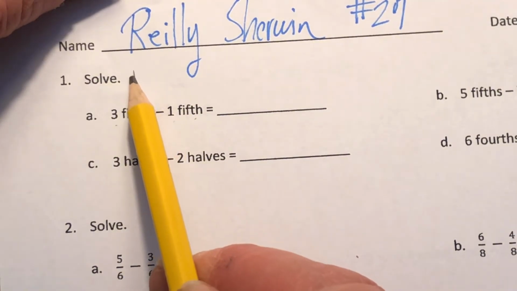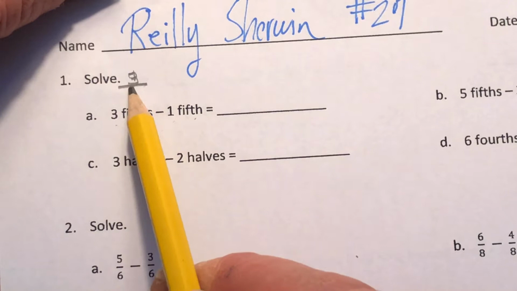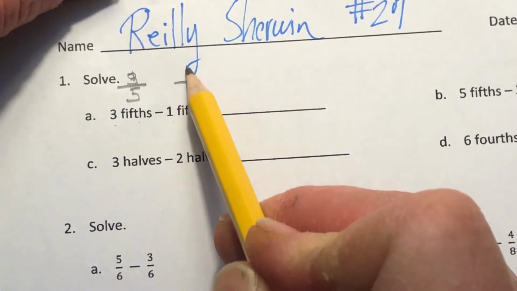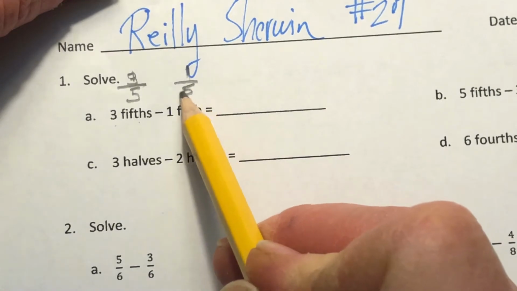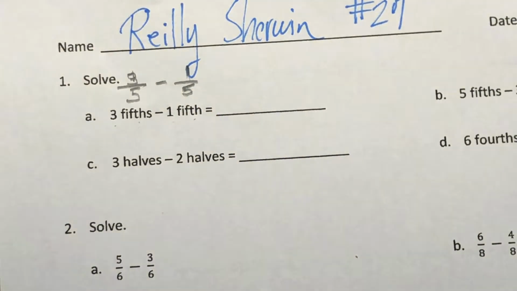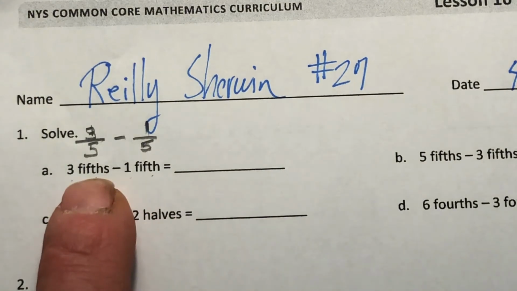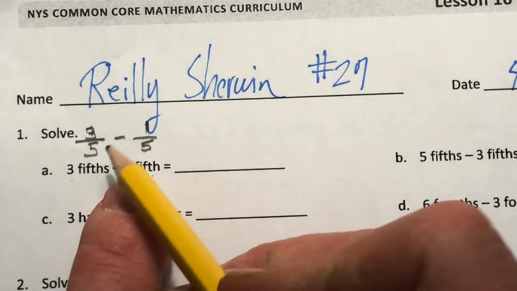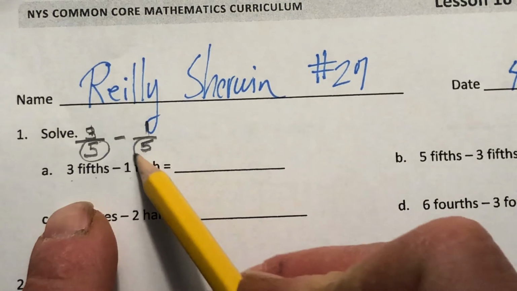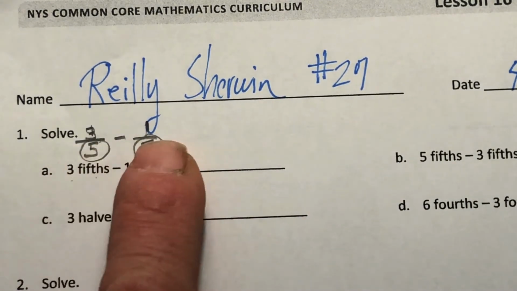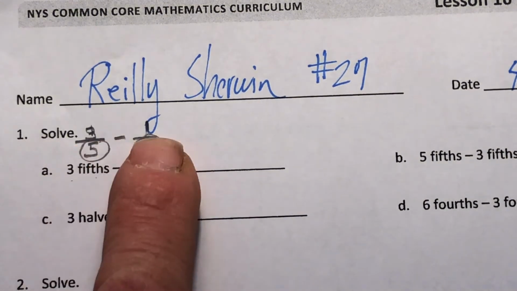It looks like 3/5 and 1/5, okay? So here's the deal. When you've got 3/5 and 1/5, if you've got the same units, fifths, all I need to do is subtract the numerators, right?